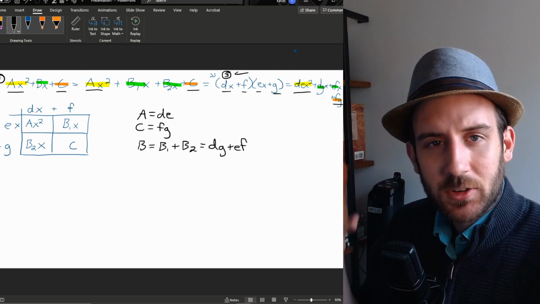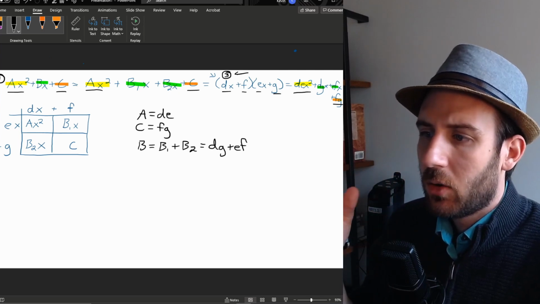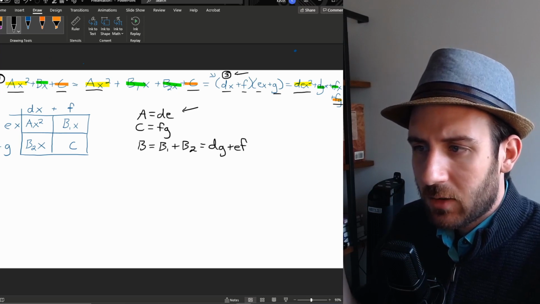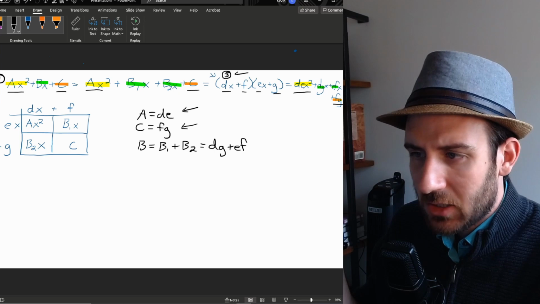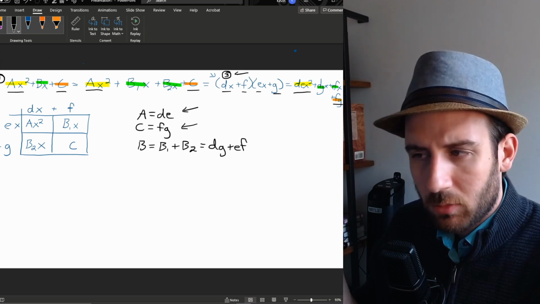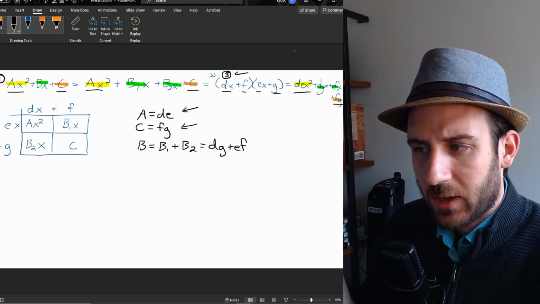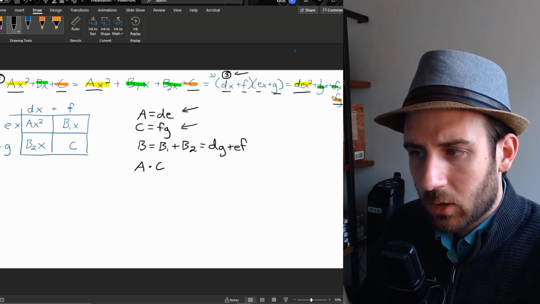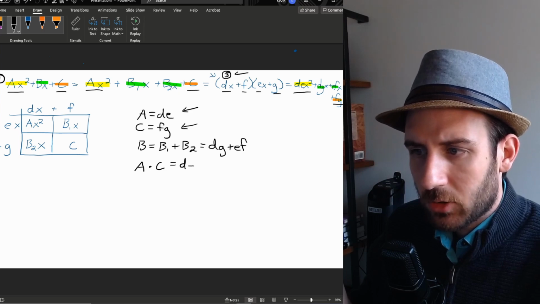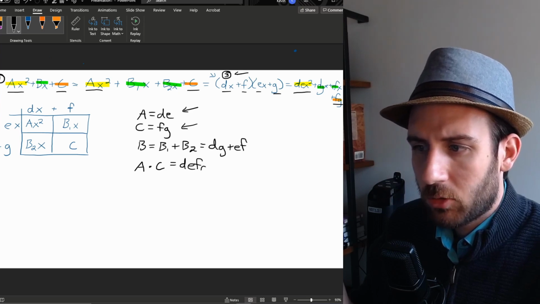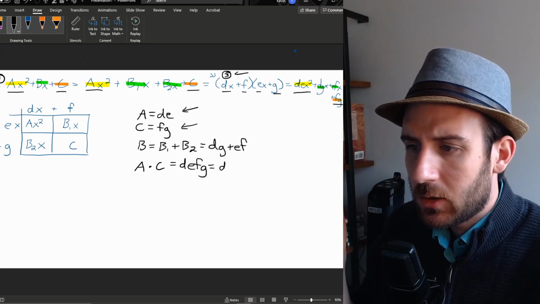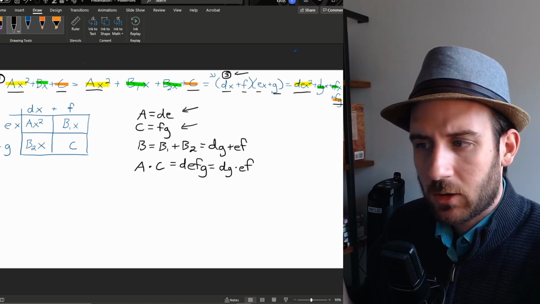And it's after staring at this and this and this that we might recognize that hidden in this A value and hidden in this C value are all four letters. In fact, if I just multiplied A by C, that would be D times E times F times G. Or another way of thinking about it would be D times G times E times F. Oh, isn't that interesting?